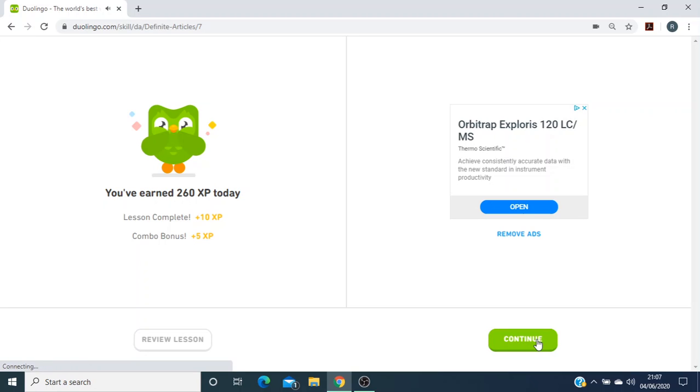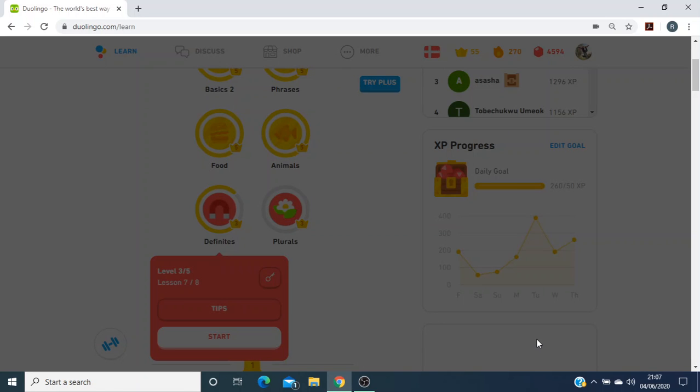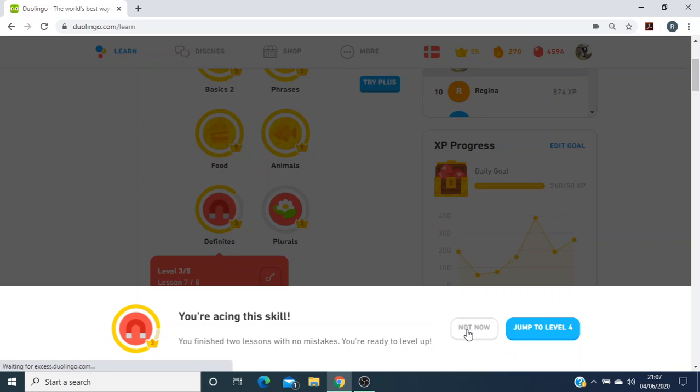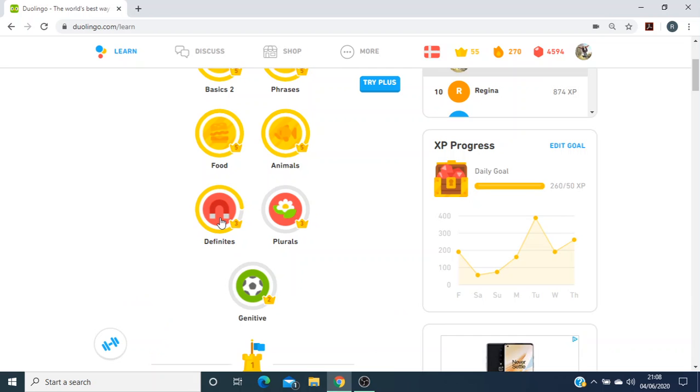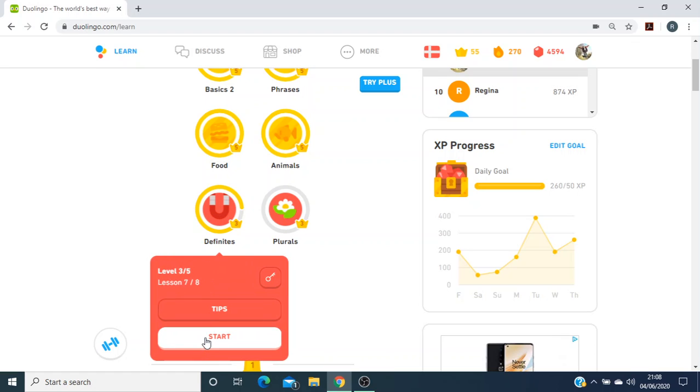I think they just have quite a lot of lessons in this because it's quite a big important grammar point in Danish. I'll wait to jump to level 4 anyway, because I've got one more lesson to go. So let's continue. Last lesson.